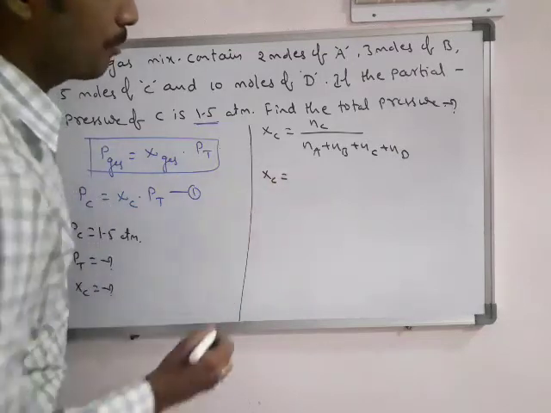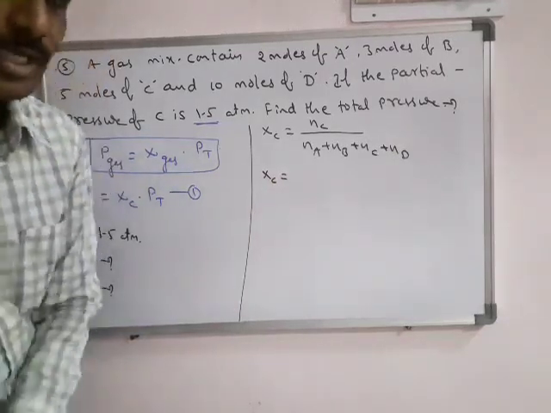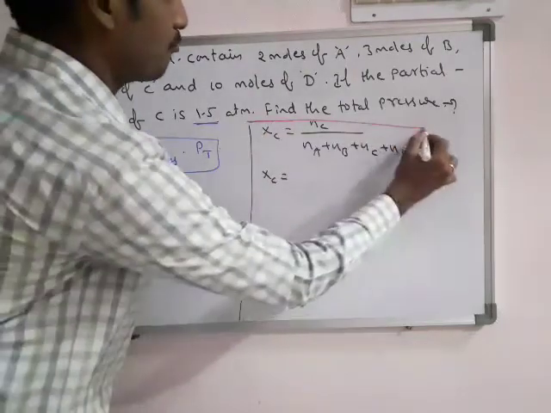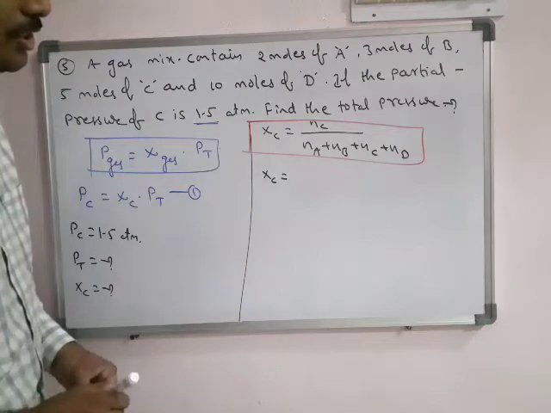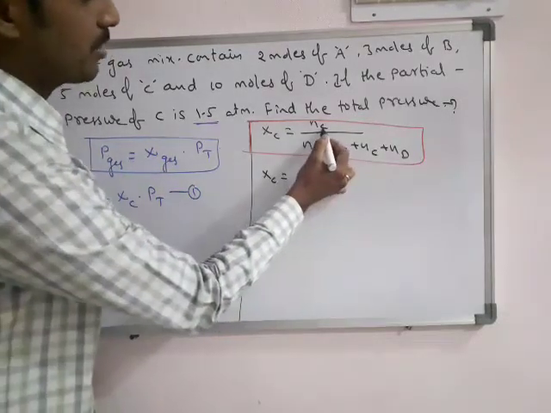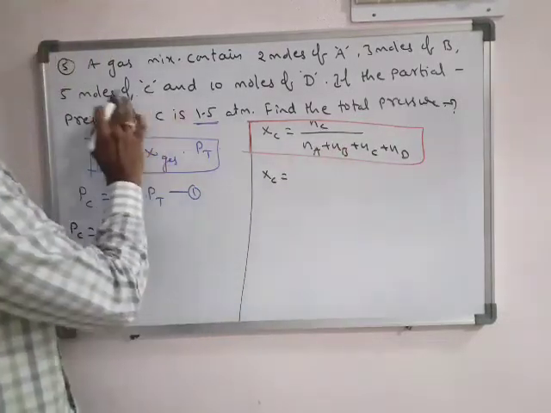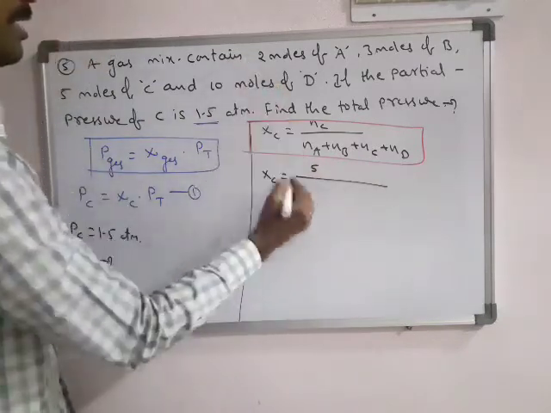We know that mole fraction of any component is equal to the ratio of its number of moles by total number of moles. Mole fraction of any gas equals its number of moles by number of moles of all gases. What is the number of moles of C here? 5 moles by, what is the A?